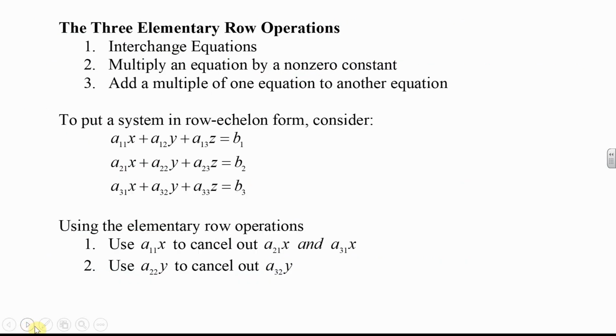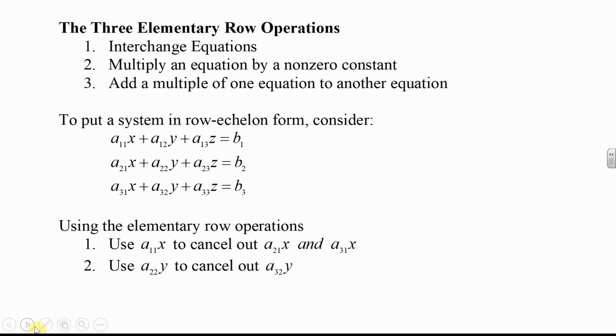Here are our only three operations that we're allowed to do. First, I can interchange equations. I can take the first equation and write it as the second equation and put the second equation as the first equation. It doesn't matter how you order those equations. Second, you can multiply an equation by any number you want except 0.